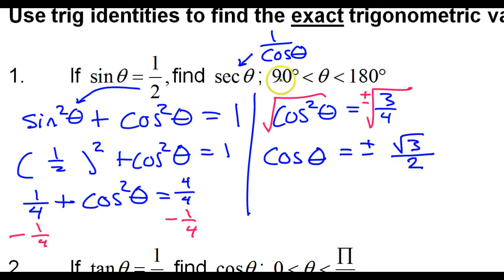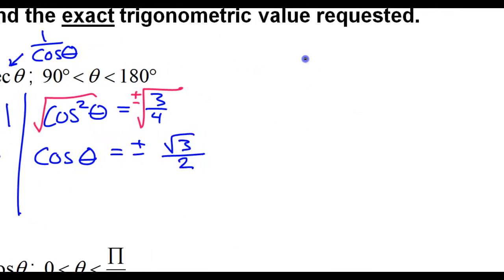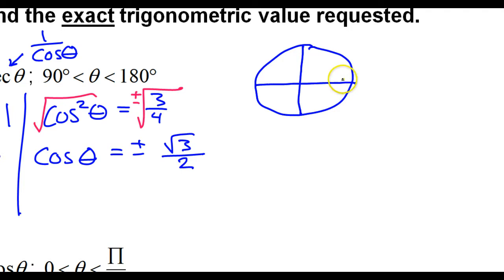Now, this information right here is giving us the quadrant. Between 90 and 180, do you understand that if this is my circle, 90 degrees is here, 180 is here. So between 90 and 180, that's the second quadrant.